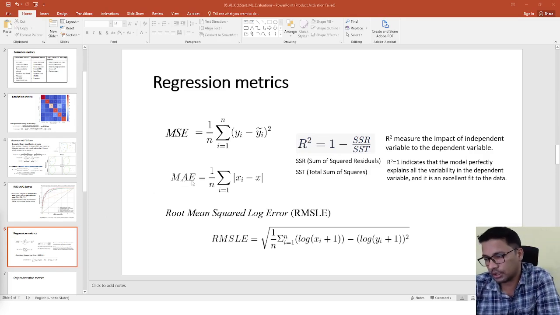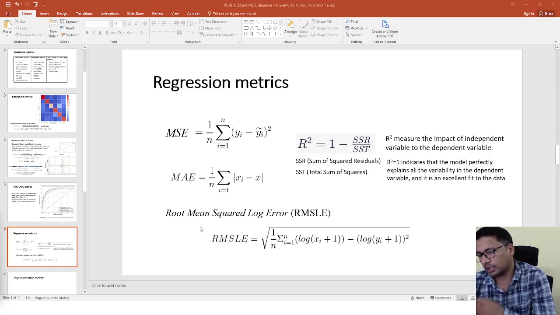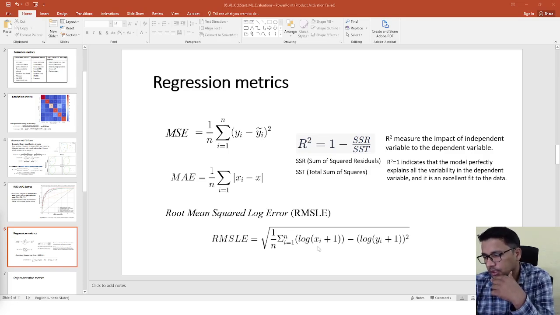Another is the mean absolute error. Instead of squaring, we take the absolute difference between the predicted value and the ground truth. And in the root mean square, we take the log difference between the predicted and the actual ground truth.